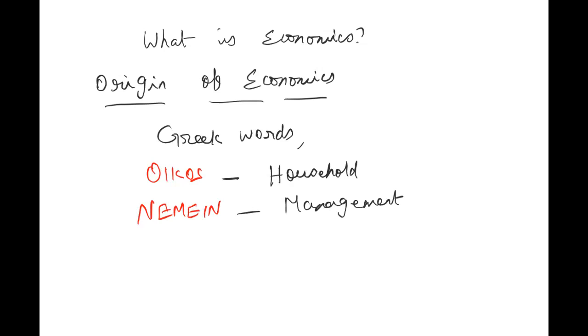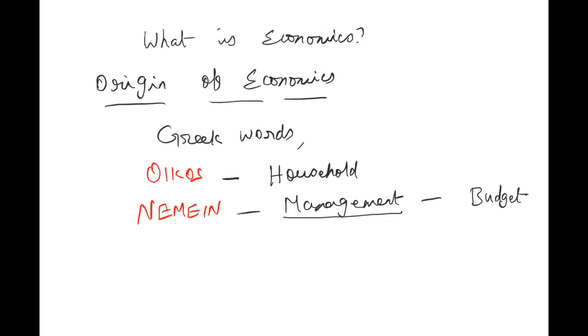So when I say management, I think all of you can understand how each and every household is managing their budget. Okay, so when I say managing their budget, I'm stressing the fact because all of us know that in each and every one of our households, the expenditure is always more than the income.